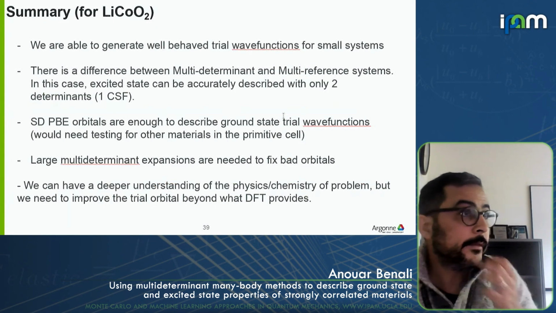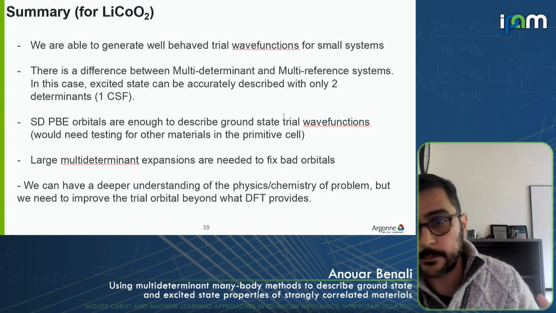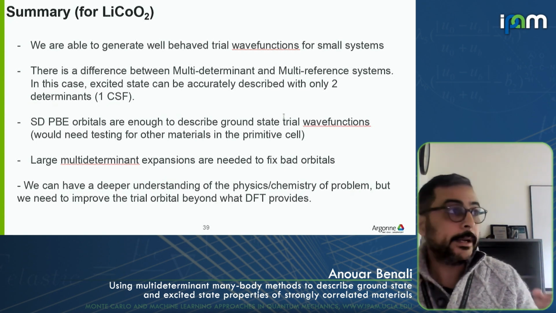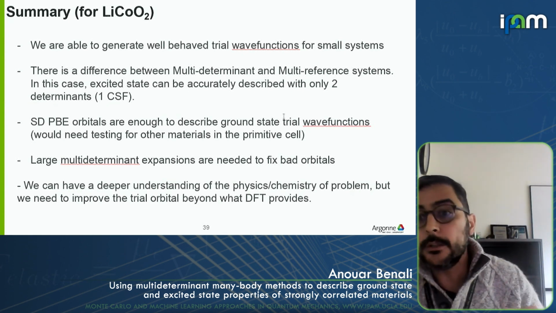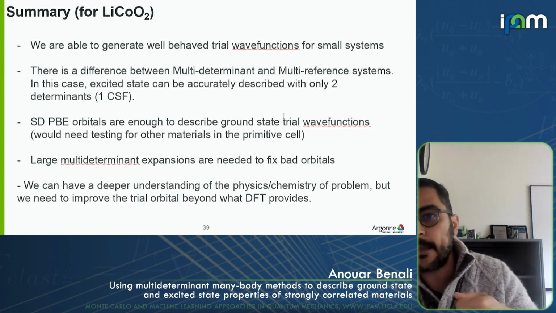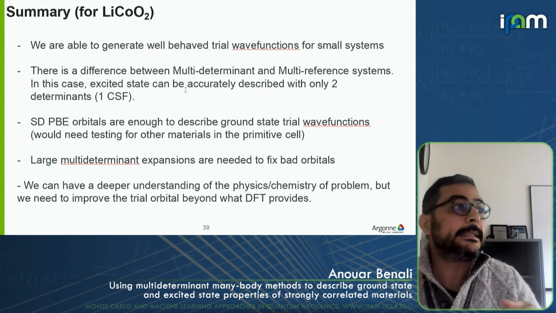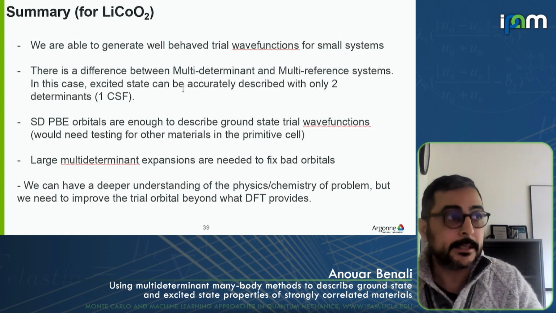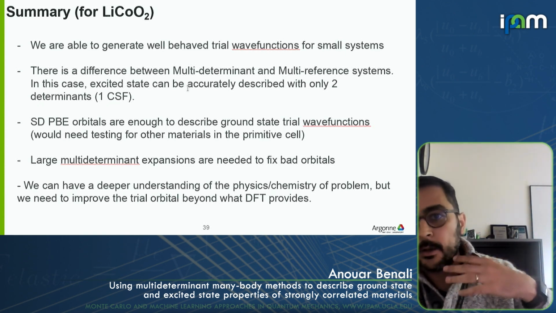So I hope that I convinced you that we are able to generate very, very complex trial wave functions for small systems, but more than that, we're able to find that not all the systems are multi-reference. Sometimes just with multi-determinants, just having one or two determinants describing the system, we are able to get significantly more physics and accuracy than going very crazy large and with bad orbitals.